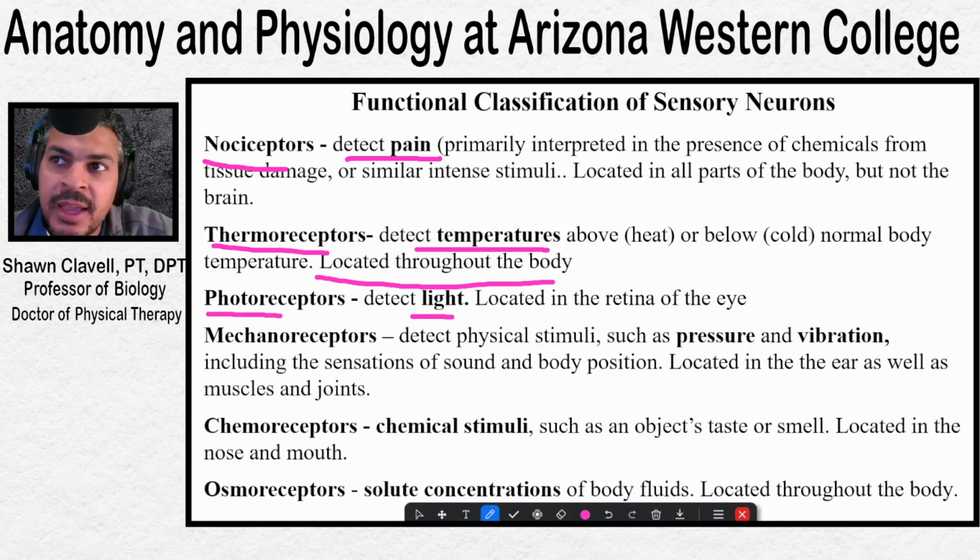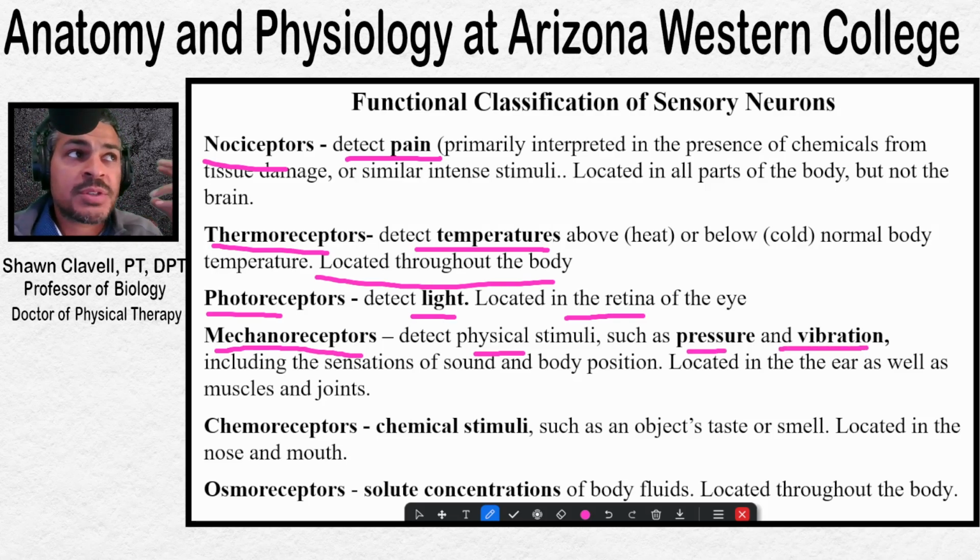Photoreceptors detect light, right? They're located in the retina of the eye. Mechanoreceptors detect a physical stimulus, so pressure and vibration, like sound. Sound is the perception of sound waves. That wave actually is interpreted by vibration, so it's monitored by that vibration. So sound is one of those, as well as some of those proprioceptors, like the ones located in your muscles and joints, are mechanoreceptors.